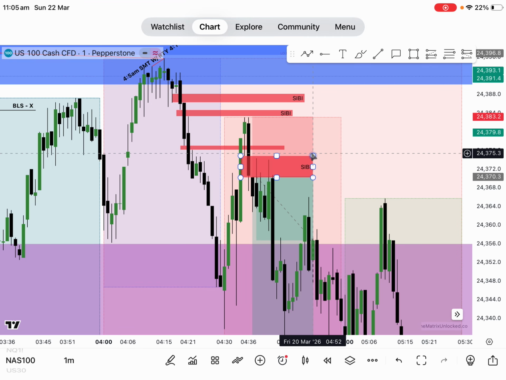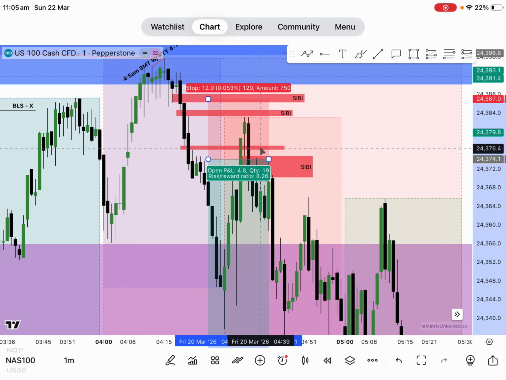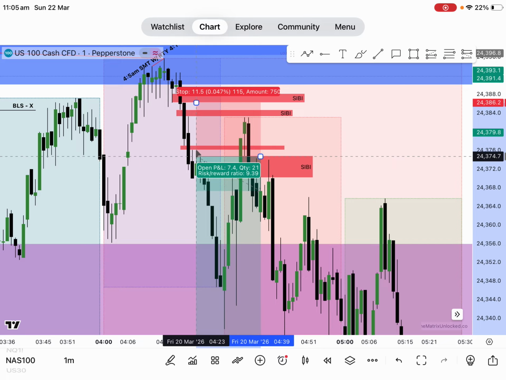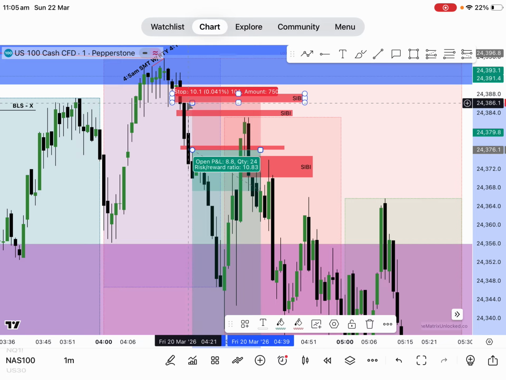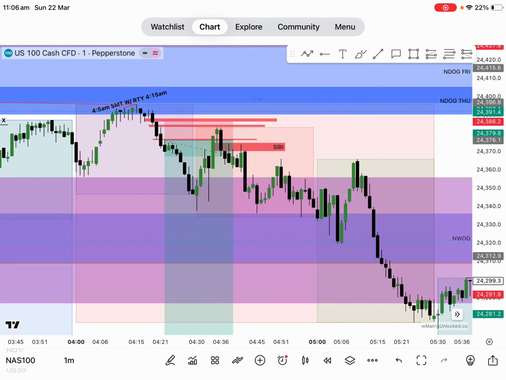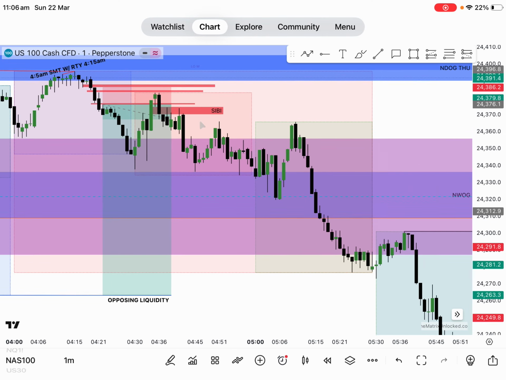So even if you entered here and then stop was up there, 10.83 risk to reward ratio, guys. Look, more, 11.7 risk to reward ratio. Boom.